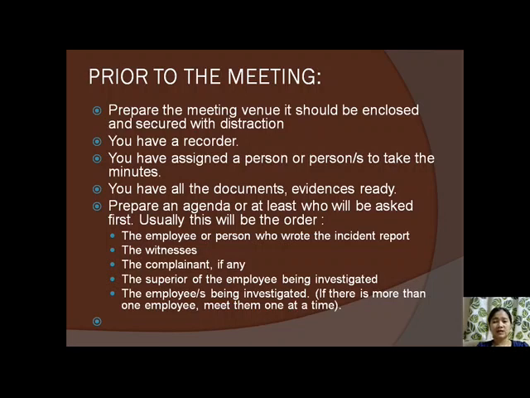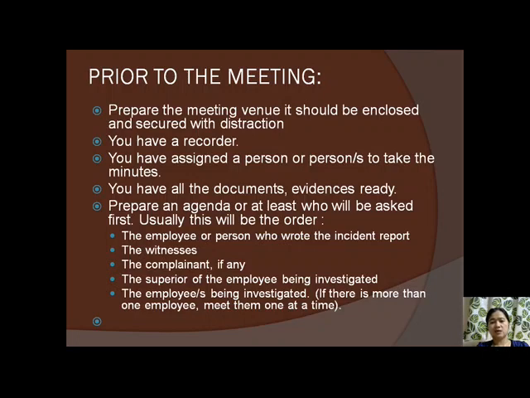And you must have all the documents or evidence ready. If you have, for example, audio or video evidence, it should be reviewed first. It must be prepared, and it should be functional at the time, especially if you are going to present it as evidence. And then you also need to prepare an agenda, or at least who will be asked first.